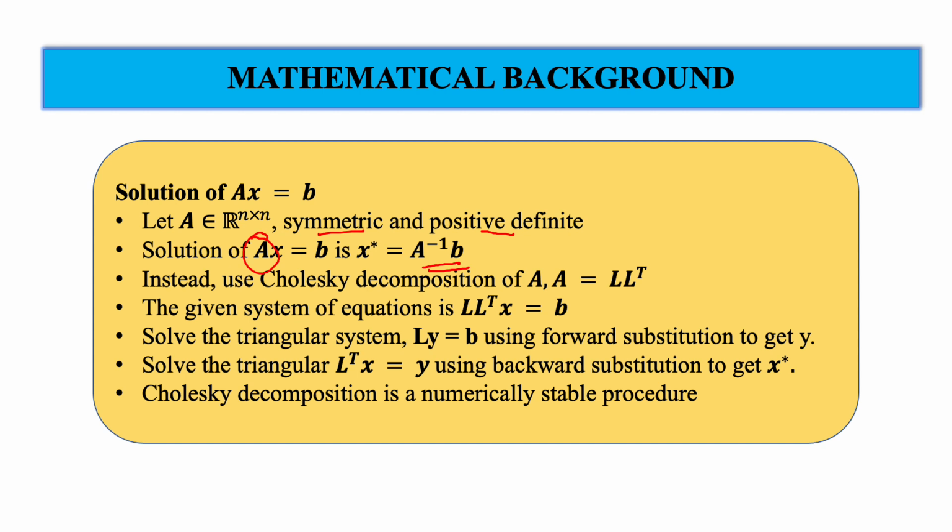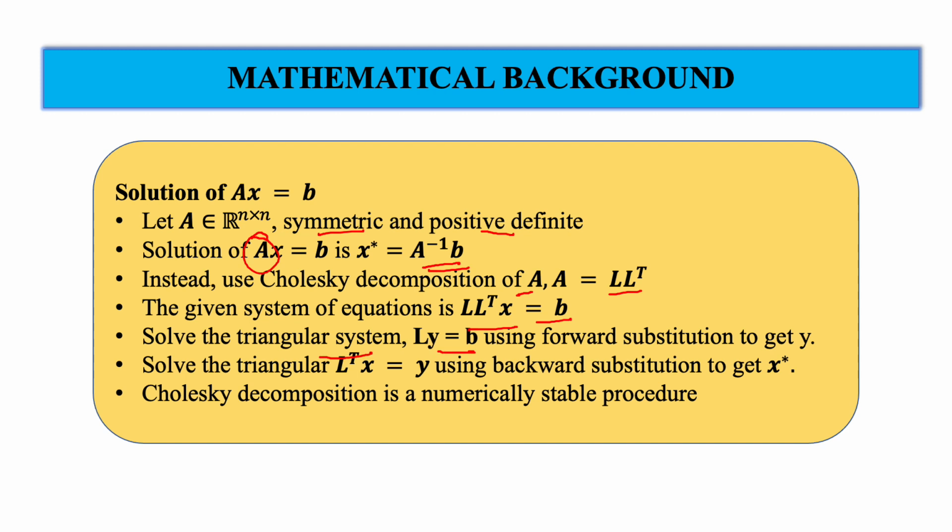Instead of that, one can use the Cholesky decomposition of A. Suppose the Cholesky decomposition of A is L L transpose. Then the given system of equations can be written as L L transpose x equals b. Now this system can be solved in two steps. First solve the triangular system Ly equals b.